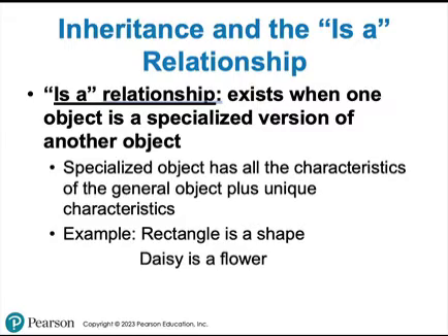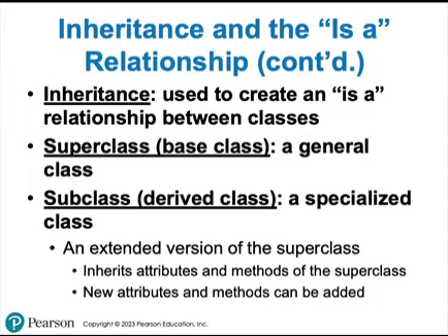So basically we have the specialized object that is a more general object with common attributes. So inheritance is used to create an ISA relationship. So one object is another object, or really I should say class.